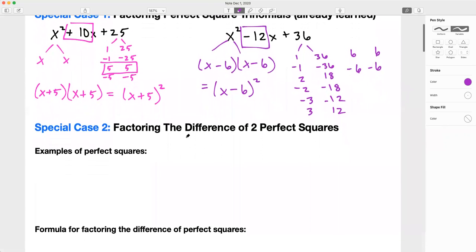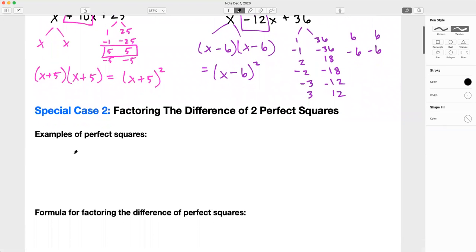All right, special case number 2. This is the factoring of the difference of two perfect squares, okay? Examples of perfect squares, just because I think maybe some of you are a little rusty on the topic. I'll just give you some number examples of perfect squares. 1 is a perfect square. 4, that is a perfect square. 9, 16.